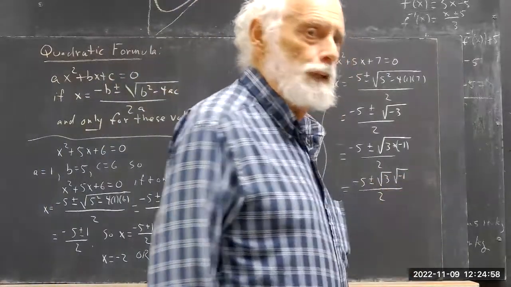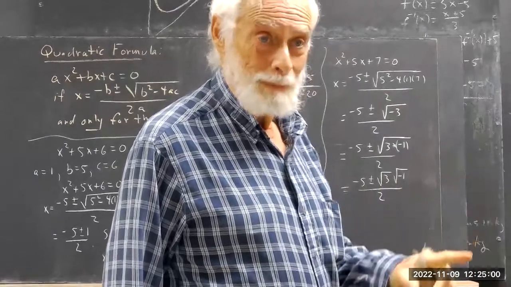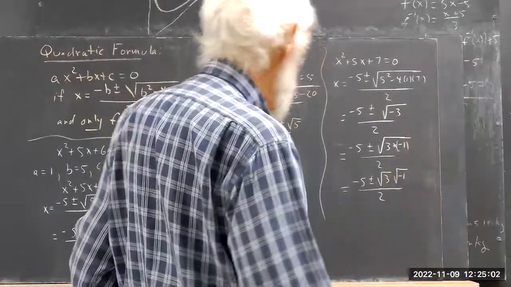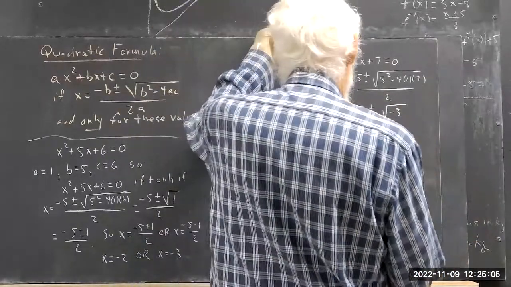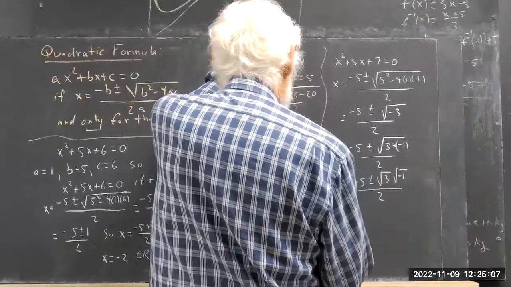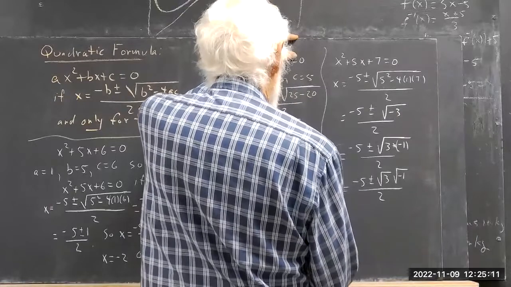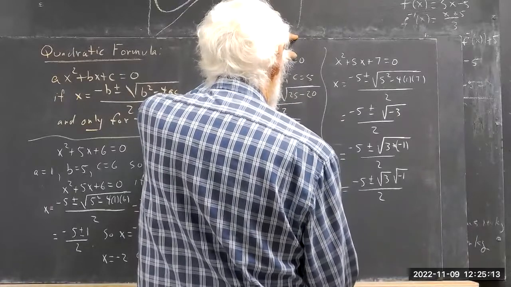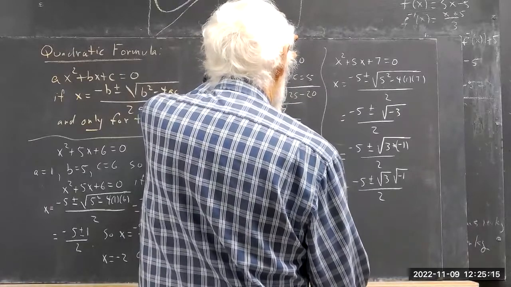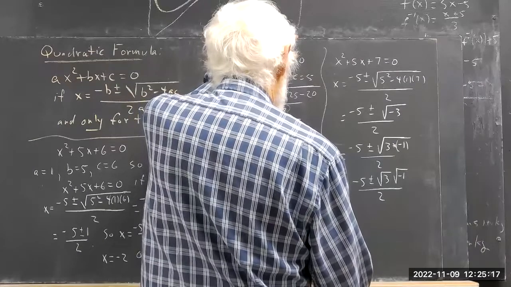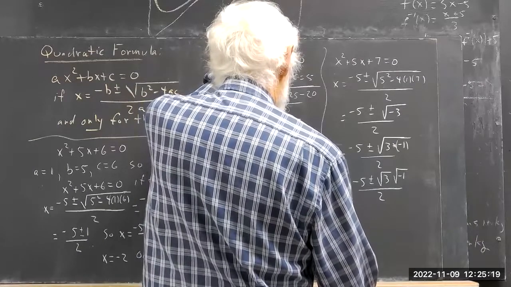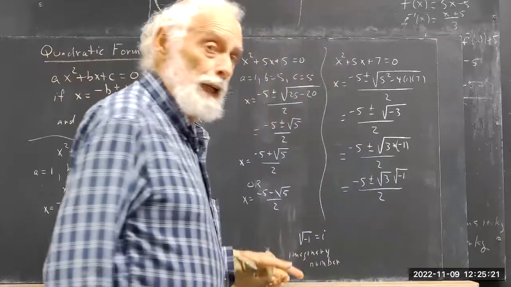Let's give the square root of -1 a name, small i. It stands for imaginary. It's an imaginary number.